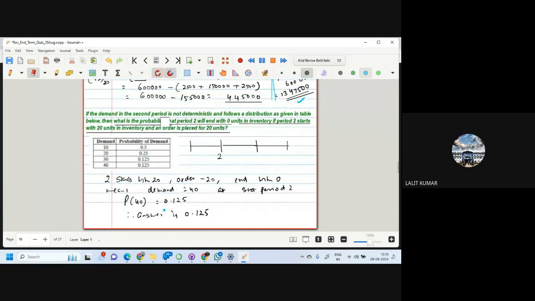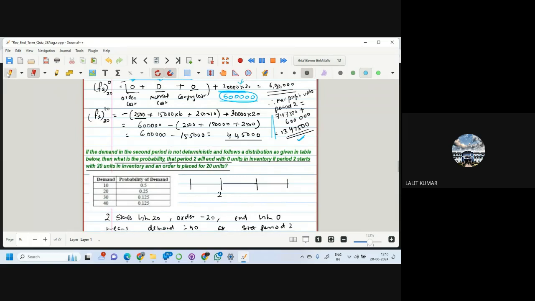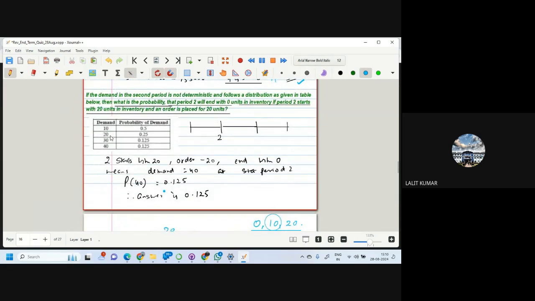Because there is a question on the same lines in the period. If the demand in the second period is not deterministic and follows a distribution as given in the table below, then what is the probability that period 2 will end with 0 units in inventory if period 2 starts with 20 units in inventory and order is placed for 20 units? So period 2 starts with 20, and order is placed for 20, and demand distribution they have given this much.